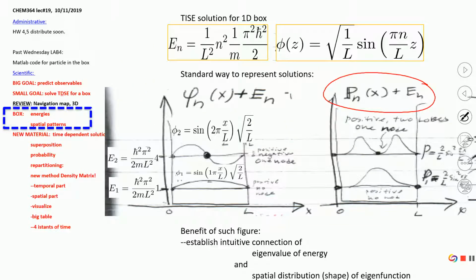And people draw either the probability amplitude, the wave function, or the probability distribution, which will be like the square of sine. So energies are 1 and 4, and the rest are the factors. And that's how it's been sorted.